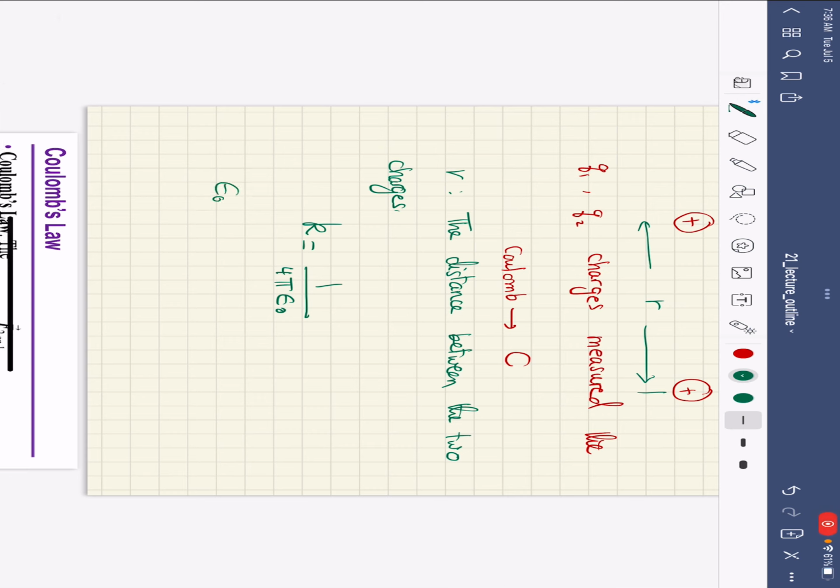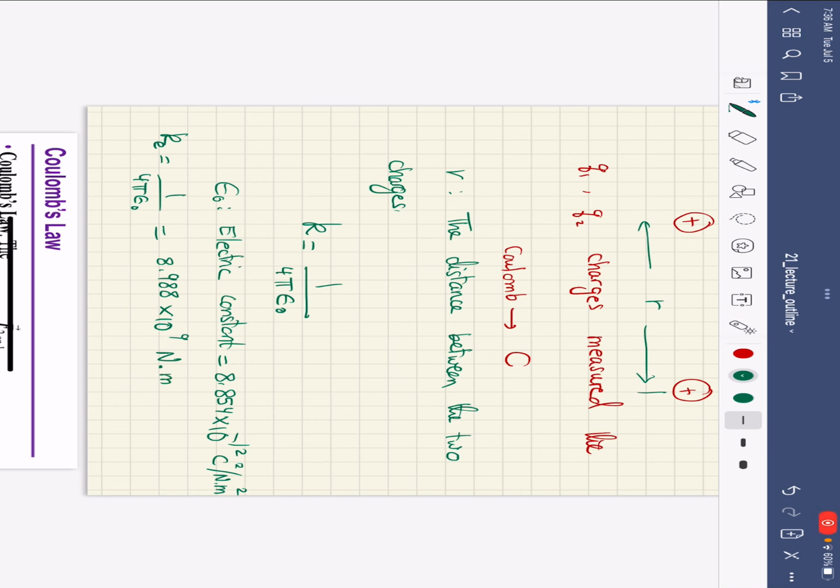Now, epsilon 0 here, we call it the electric constant, and that value, of course, you don't have to memorize. You should be receiving that in your exam. It is 8.85 times 10 to minus 12 Coulomb squared per Newton times meter squared, and K, when we calculate it, K electric sometimes we call it, is 8.988 times 10 to the 9.